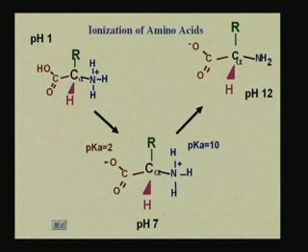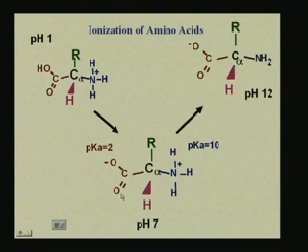It is the carboxylic acid one. So, at a pH of 7, I have lost this. So, I am no longer C double bond OOH, I am now COO minus. But the amine group does not lose its proton at this pH, right.